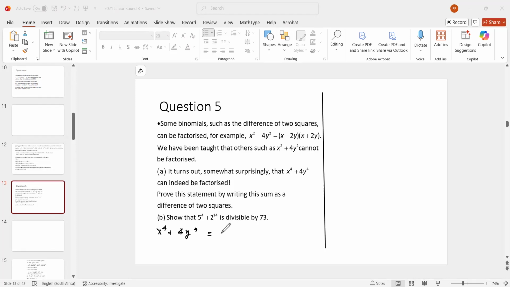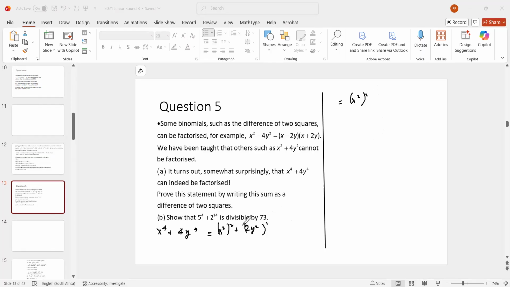So what I'm going to do is I'm going to complete squares here. This is x squared all squared plus 2y squared all squared, right? Now I'm going to complete squares. So I'm going to put x squared, right?